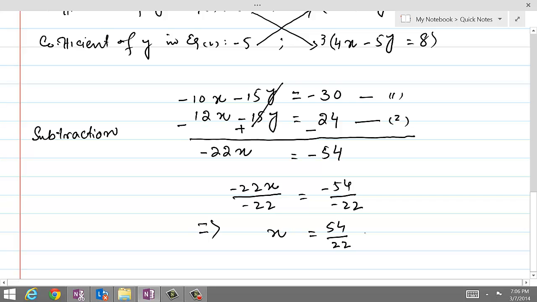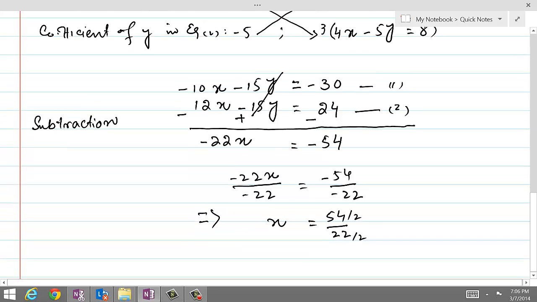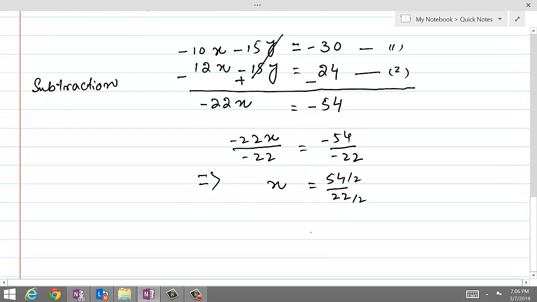Obviously it is not in simplified form. We can divide this by 2, divide this by 2, so that we can get the value of x in lowest form, and that value of x we have got is 27 over 11.